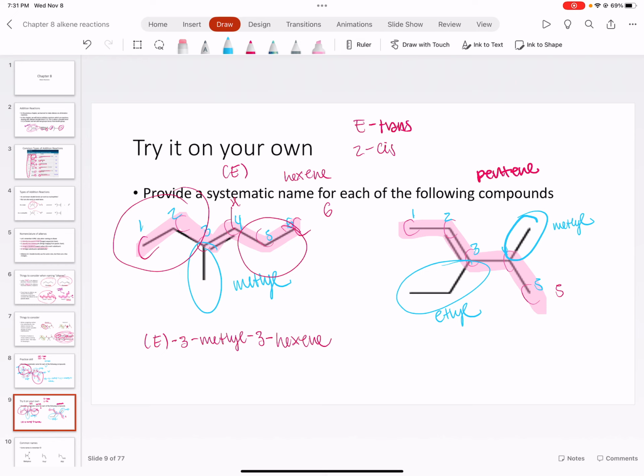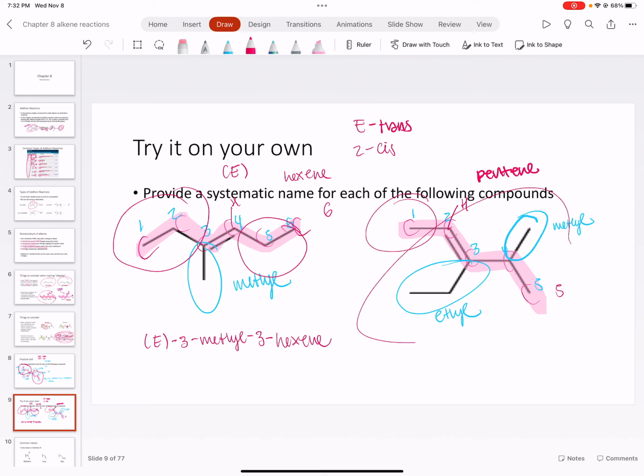And then what else do we have missing? We have to see whether we can do priority groups, and we can. So then we have an H. So then if we analyze this side, the one that has a higher priority is gonna be a carbon. A CH3 has a higher priority than a hydrogen, or a carbon has a higher priority than a hydrogen. So then this one has higher priority.